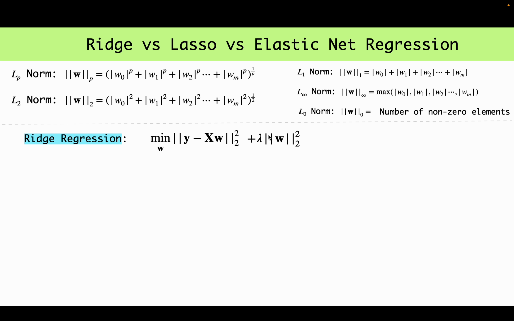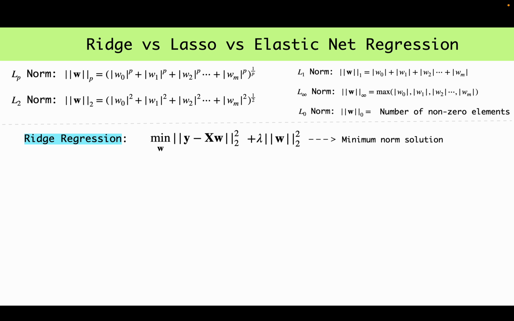This regularization, as you can see, is an L2 norm of the weight vector. The good thing about this L2 norm is that it constrains the weight values, so the individual elements don't go into extreme values. It avoids having large values in the W vector.